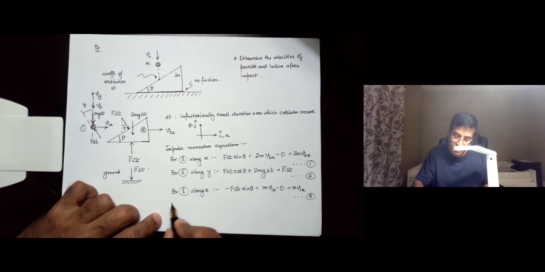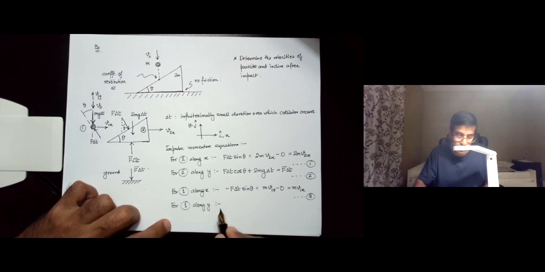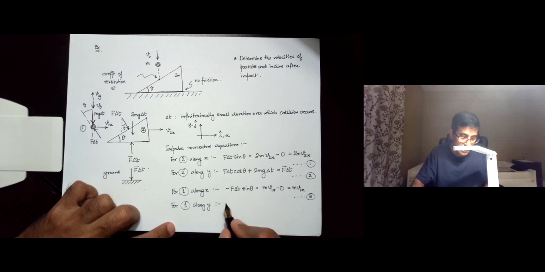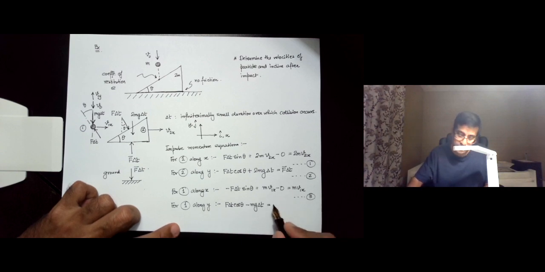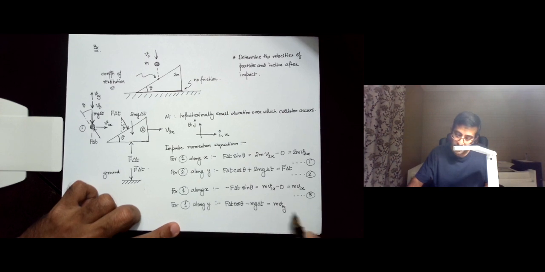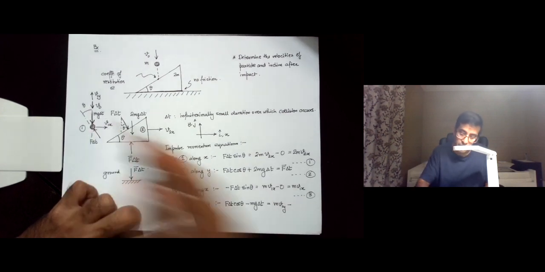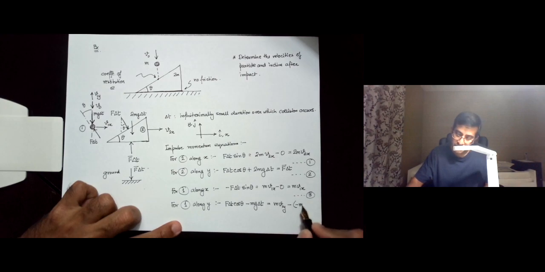Alright, and similarly for particle 1 along y, we will have F delta t cosine theta minus mg delta t equal to the net change in momentum in the y direction, so that is m v1y minus the original momentum in the y direction, which is minus m v0.